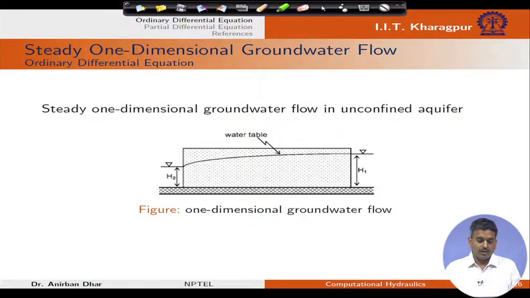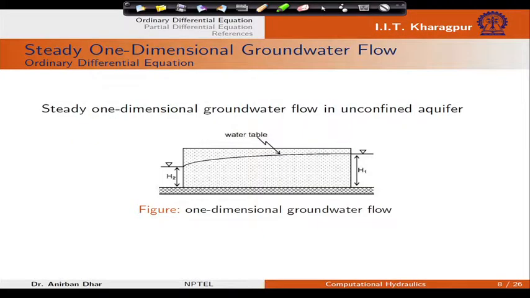for ordinary differential equations. Now, the example of a boundary value problem for an ordinary differential equation can be given by steady one dimensional groundwater flow in an unconfined aquifer.